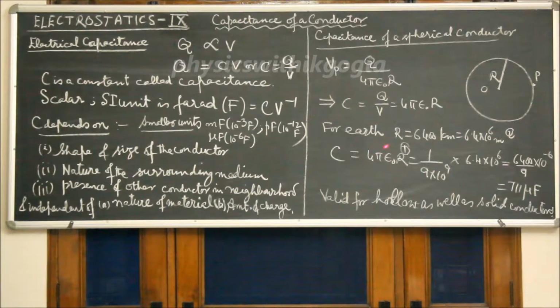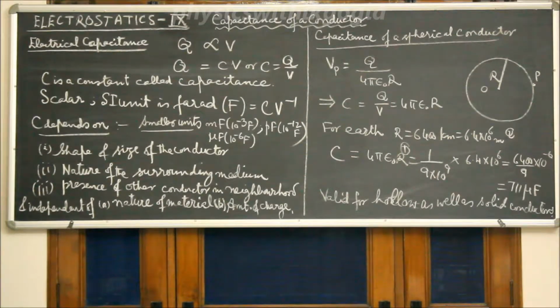Now, we have stated that farad is a very large unit of capacitance. Here is an evidence to this fact. Let's assume that Earth is a sphere, a very large sphere we know, and the radius is 6,400 kilometer or 6.4 into 10 to the power 6 meter. If we calculate its capacitance by the expression derived, 4 pi epsilon naught r, we will get 1 over 9 into 10 to the power 9, the value of this constant, into the radius 6.4 into 10 to the power 6, and calculation leads you to 711 microfarad, that is 0.000711 farad.